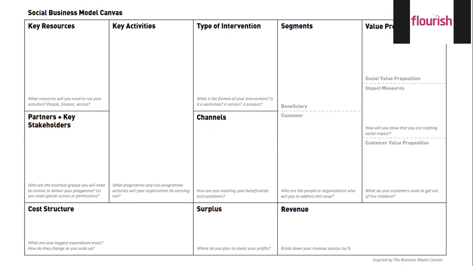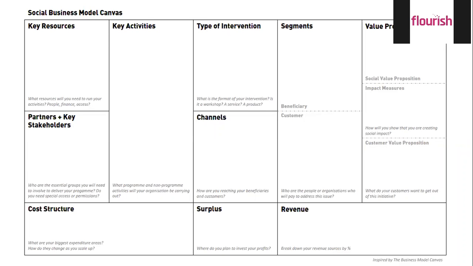Who wants to buy what you've got to offer, and is what you're offering what they want and need, and is it going to be impactful for them? Bit of a long-winded way of saying: you've got a set of activities, products and services, and a set of people who are either benefiting from these or buying from them, but is it delivering the goods? And have you asked these people if it is?